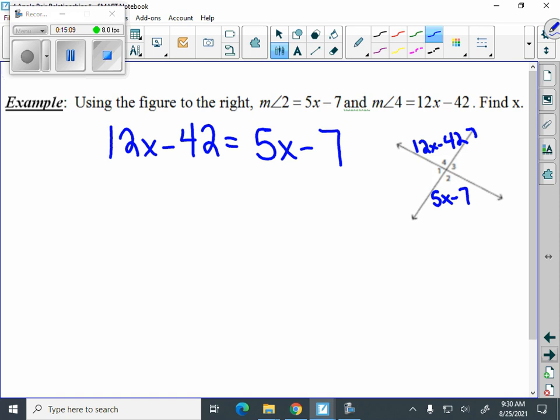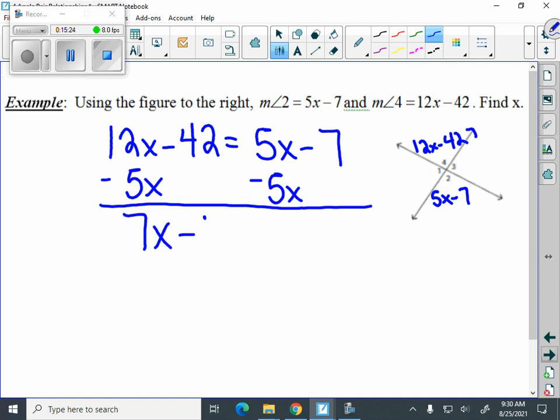You solve it the way your Algebra 1 teacher taught you. Subtract 5x from both sides. 12x minus 5x is 7x minus 42 equals negative 7.